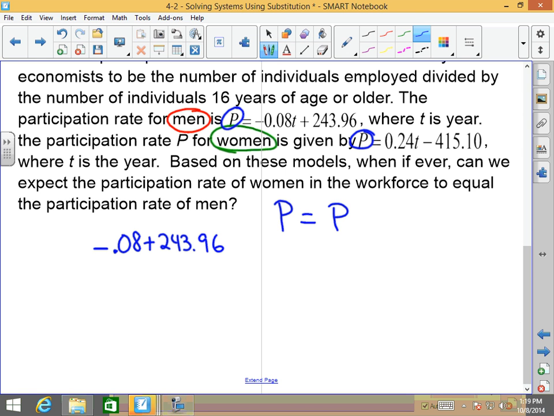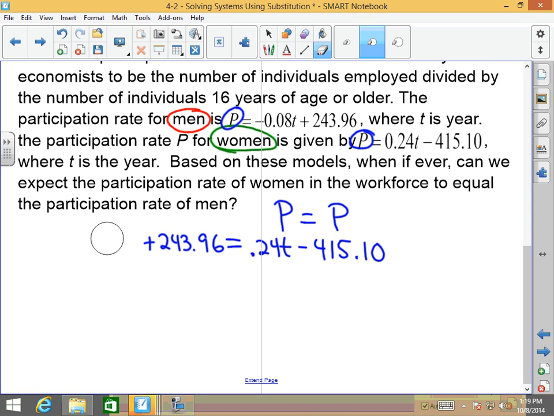When will that equal the participation rate of women, which is 0.24T minus 415.10? So in this case, we just substituted P for P. We set the participation rate of men equal to the participation rate of women. And now we solve, but I made a mistake. This should be negative 0.08T. Sorry. Okay, so let's do it.